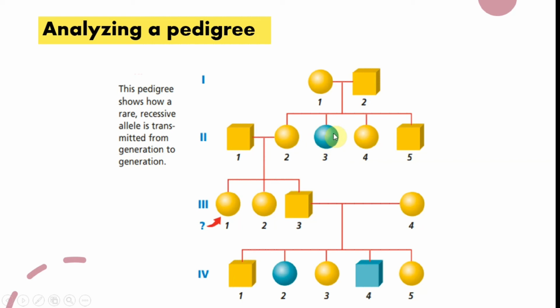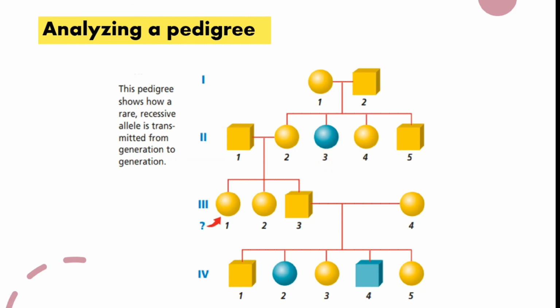If you drew a Punnett square for the mating of individuals 1 and 2 from generation 1, you will find, according to Mendelian segregation, that the ratio of homozygous dominant to heterozygous to homozygous recessive genotypes among their children would be 1, 2, and 1. Of those genotypes possible for the members of generation 2, only the homozygous recessive genotype will express the trait, which is the case for generation 2, individual 3.